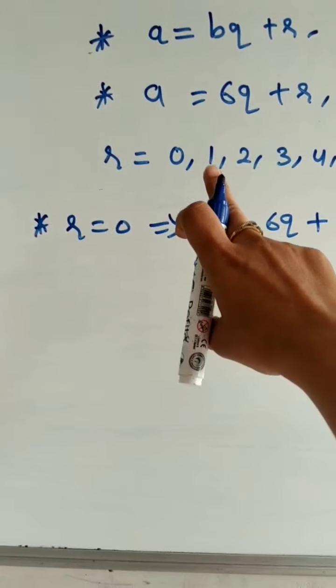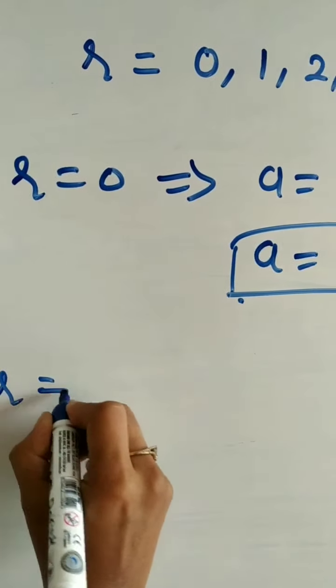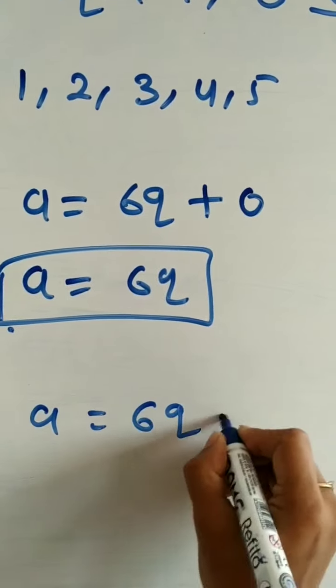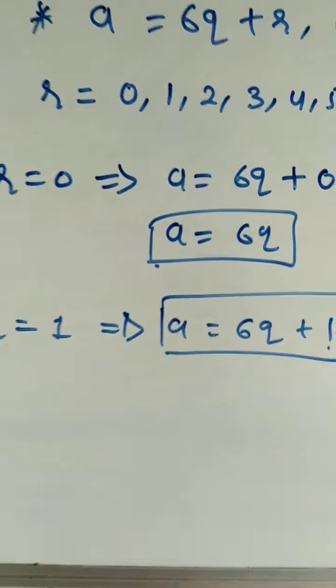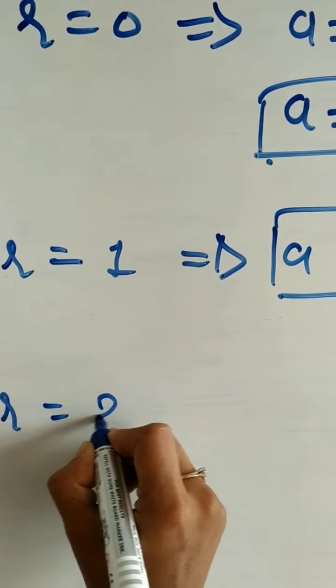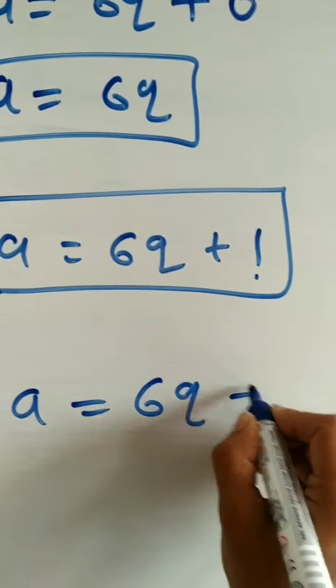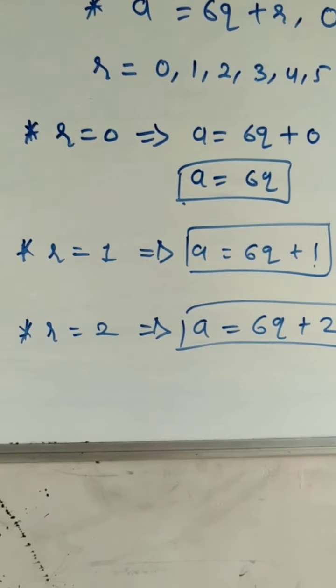Now second, we will substitute the value of r as 1. When we take r as 1, we get a equals 6q plus 1. Now we will highlight it. Then again, when we take r equals 2, the value of a equals 6q plus 2. Again we will highlight it.